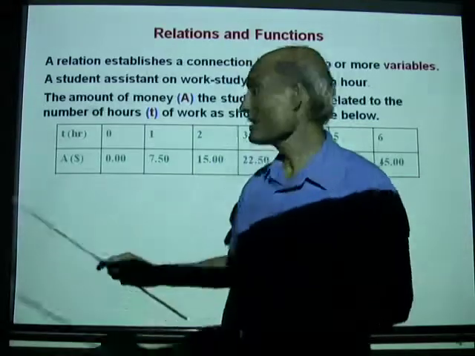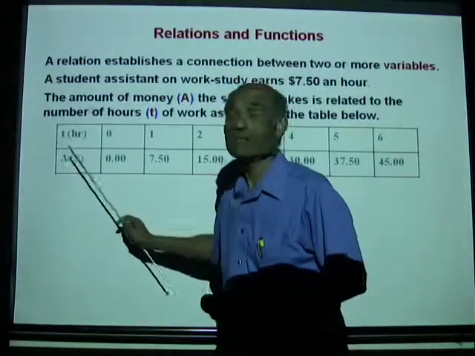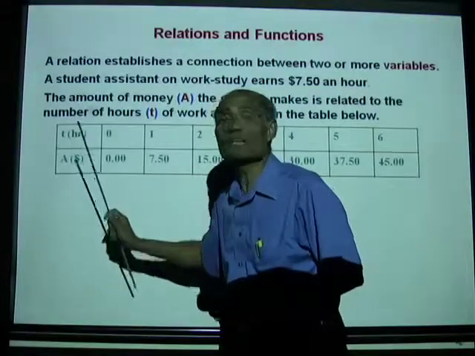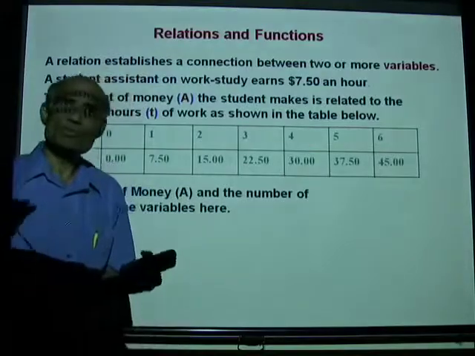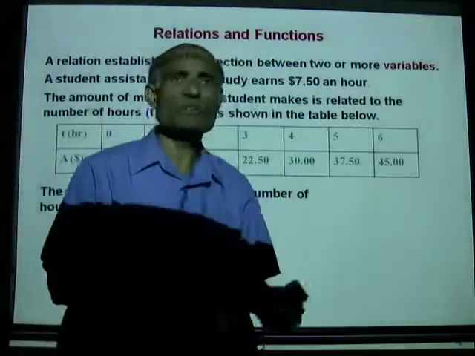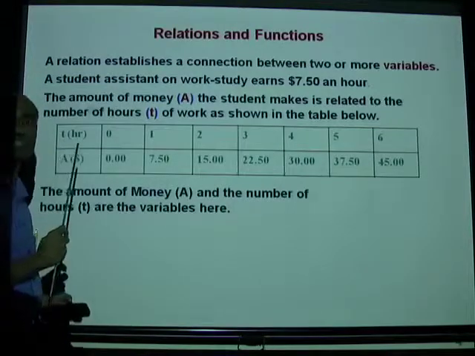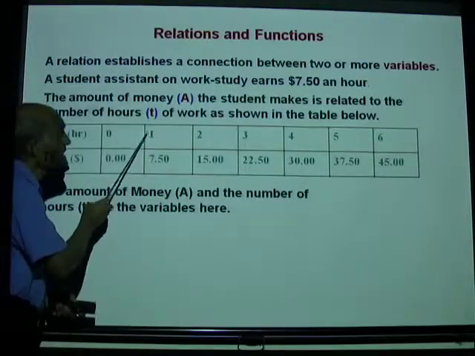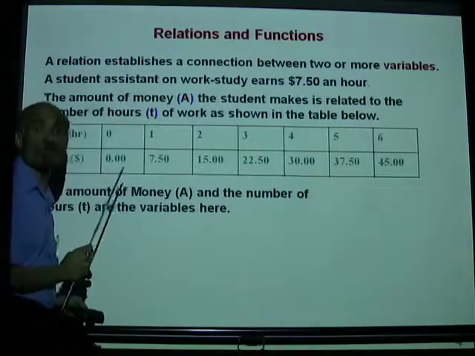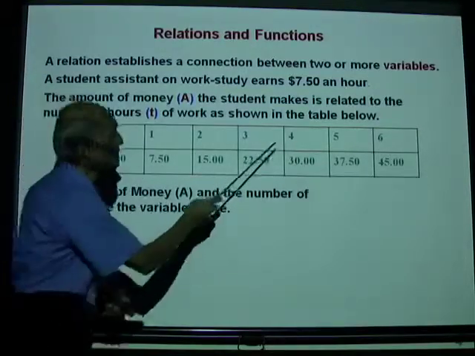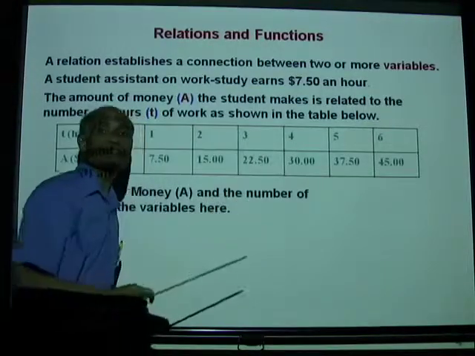The variables are the number of hours that we call T and the amount of money that we call A. Now, can you write a mathematical relation between these two? How are these two variables related? When T equals 1 hour, A equals $7.5. When T equals 4 hours, A equals $30.